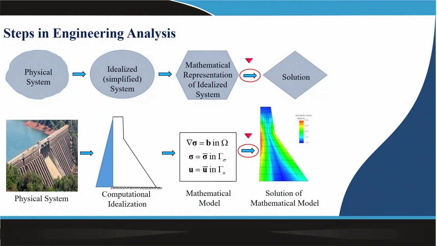Now, the mathematical model for this problem is essentially the differential equation on this side. Here, del dot sigma equals B is the governing equation, including the boundary conditions, that is the traction boundary condition or stress boundary condition, and then the displacement or kinematic boundary condition.